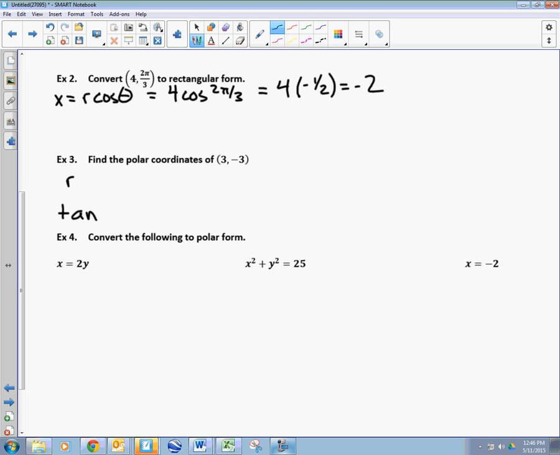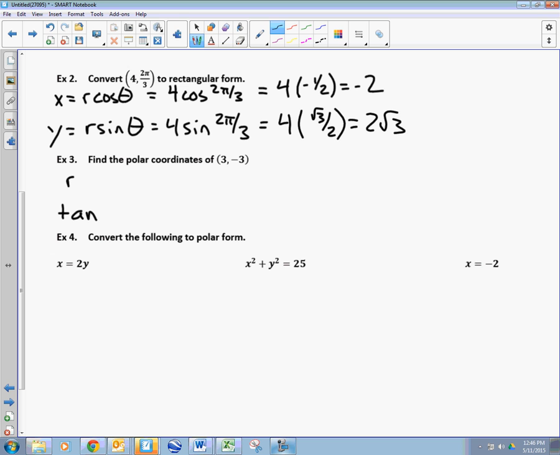So the x value is -2. What's the sine of 2 pi over 3? Very good. And so we get 2 roots of 3. So our coordinate is -2, comma, 2 roots of 3.